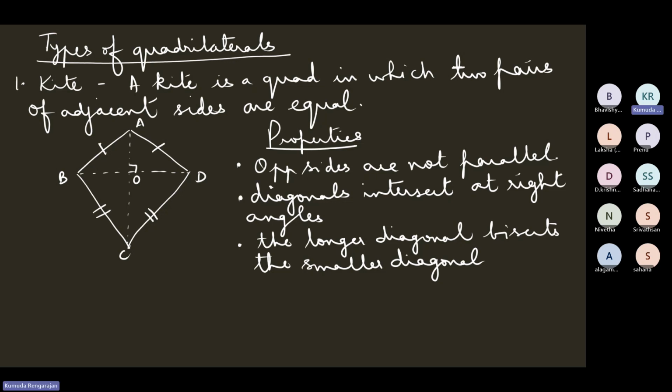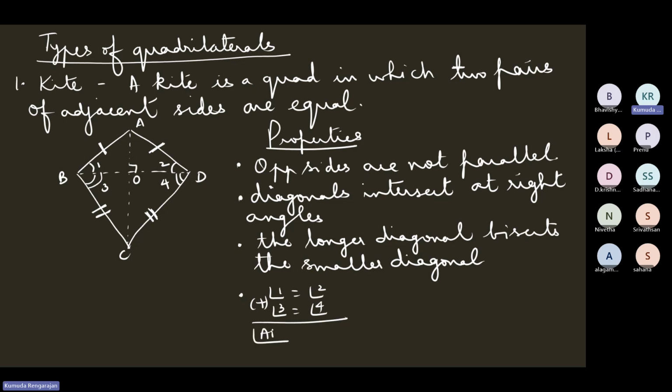Now, since this side is equal to this side, this angle will be equal to this angle. So angle 1 is equal to angle 2. And since this side is equal to this side, this angle is equal to this angle. All right. So we have angle 1 equal to angle 2 and angle 3 equal to angle 4. So what is angle 1 plus angle 3? Angle ABC.